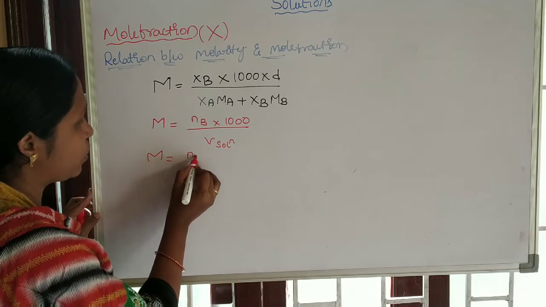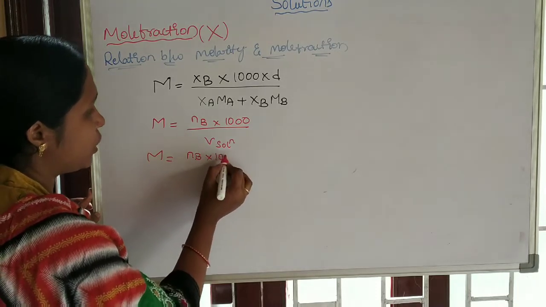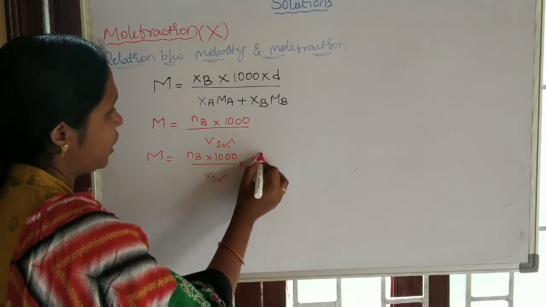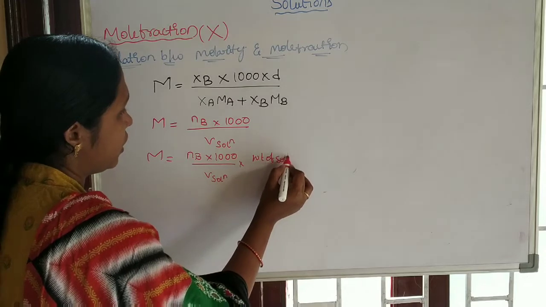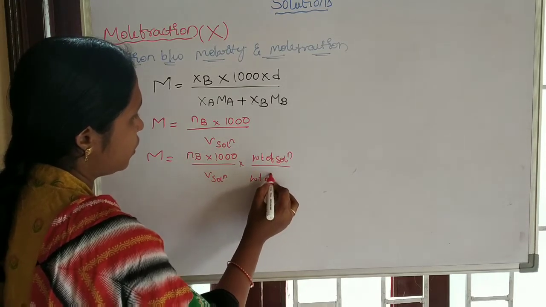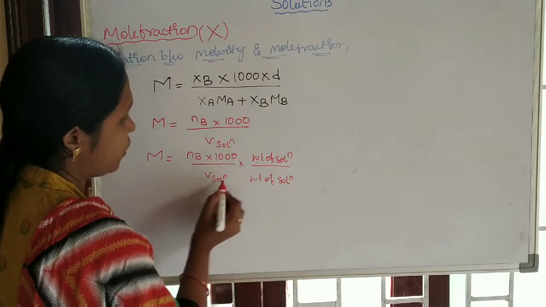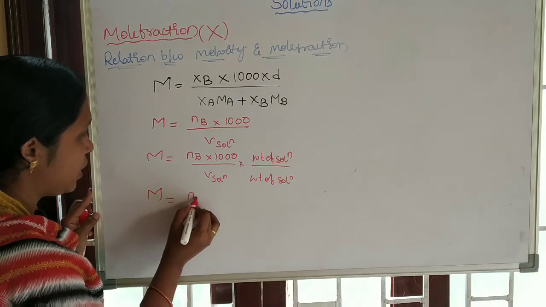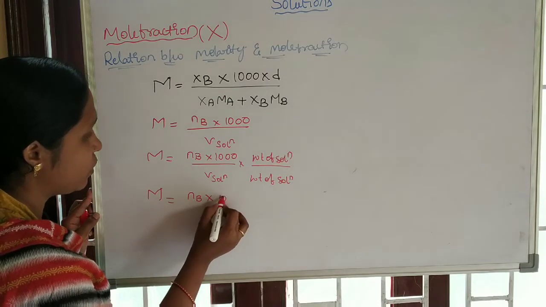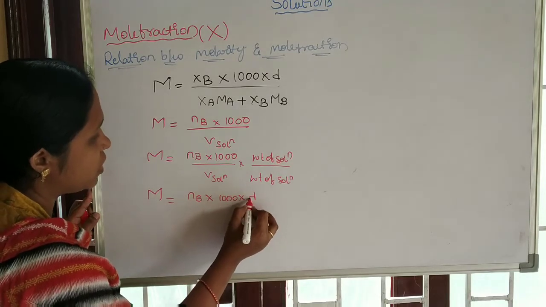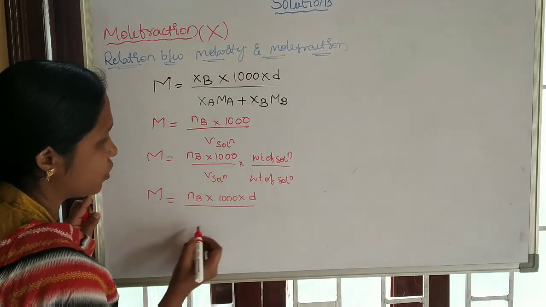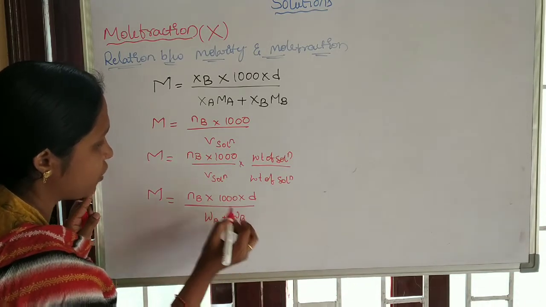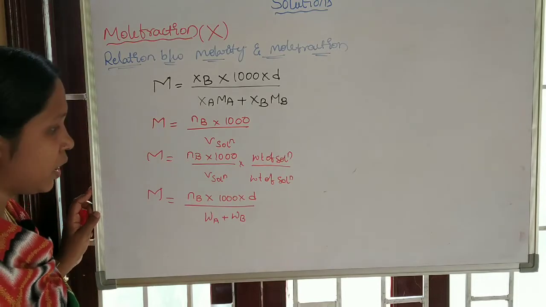So molarity equals number of moles of solute into 1000 by volume of solution, into weight of solution by weight of solution. The weight of solution by volume of solution is the density of solution. Substitute the density: number of moles of solute into 1000 into density of solution by weight of the solution, which means weight of solvent plus weight of solute.